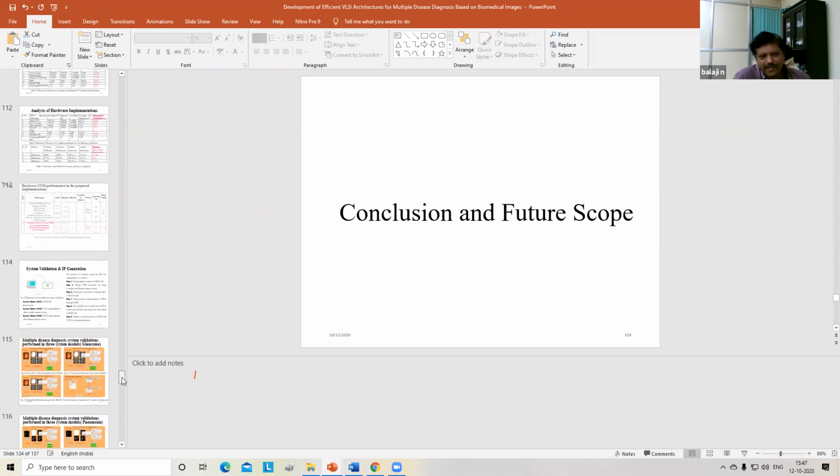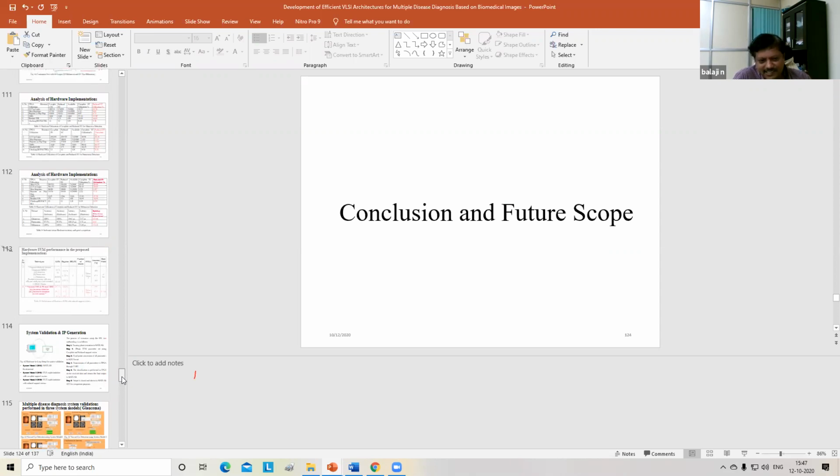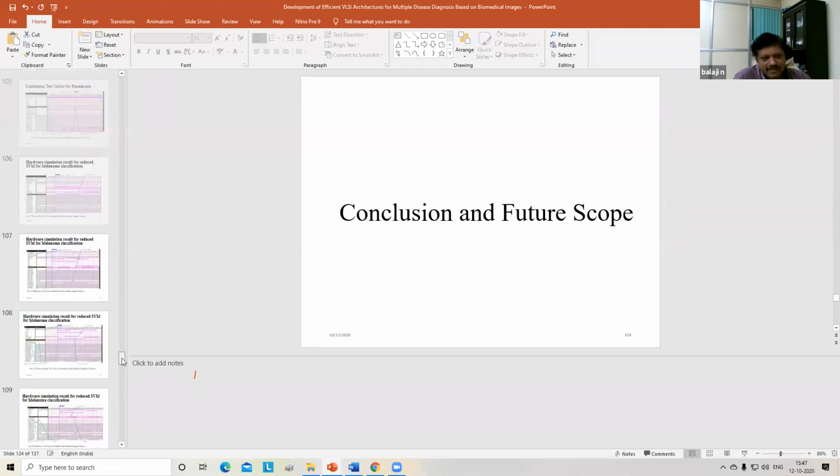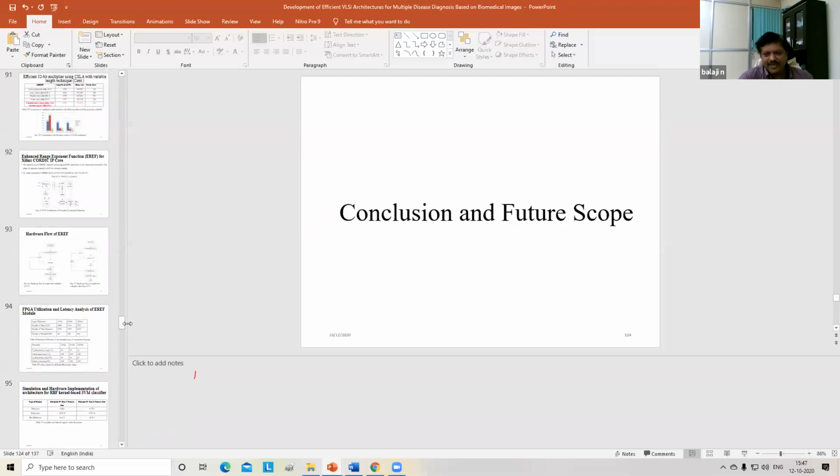But for our application, we require an extended exponential function range. That's the reason we did some work related to that and extended that exponential function IP core. The remaining CORDIC we have used for the trigonometric functions like cosine and sine. These are the main IP cores that we have used.